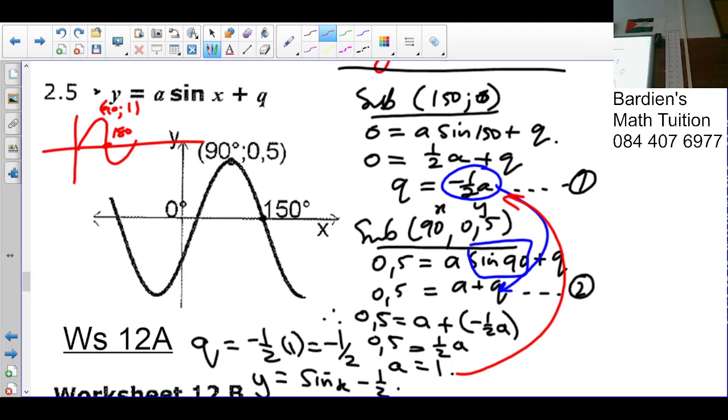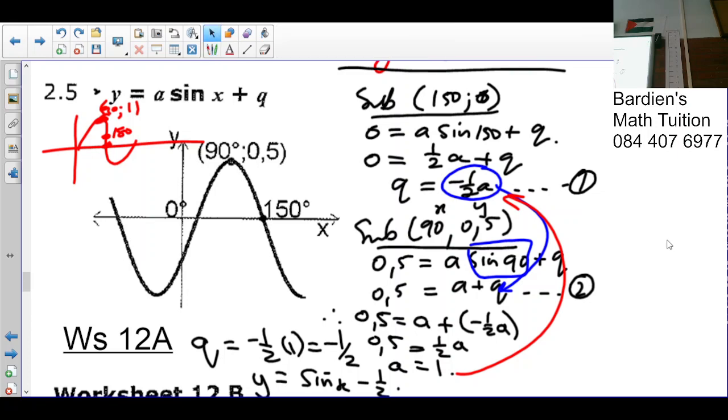But what happens to the graph, as you can see, if I shift this graph one half unit down, then this becomes 90 and a half. And this point here becomes somewhere there. So we're moving down. So yes, it does make sense that the graph could be y is equal to sine x minus a half.